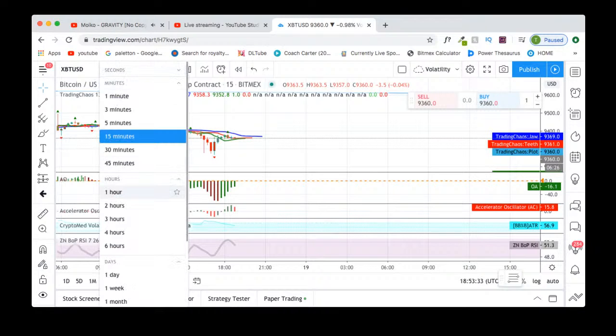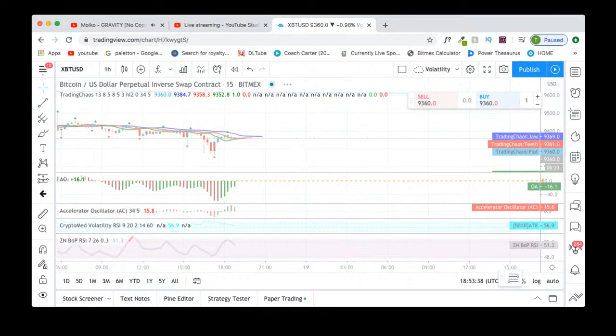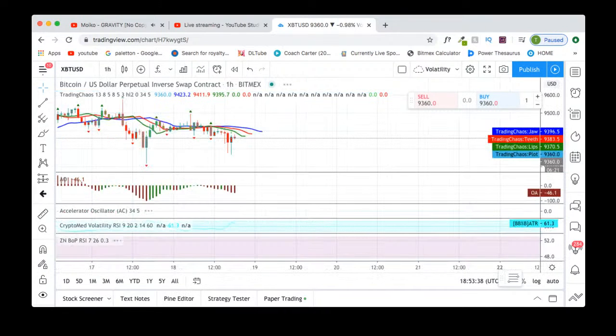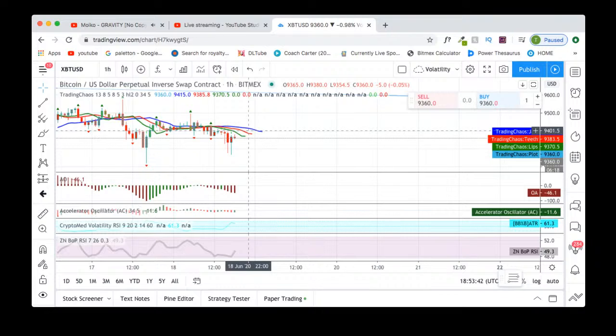See, if I was trading the 4 hour, I'll show you what I would do. I'd have a fractal here. I'd have a sell stop here.